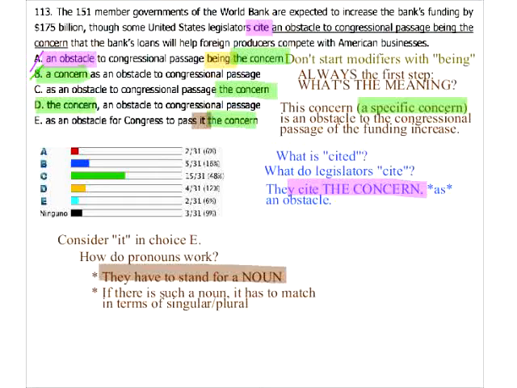What is the it in this sentence? In other words, what is Congress to pass? So what is supposed to be passed?